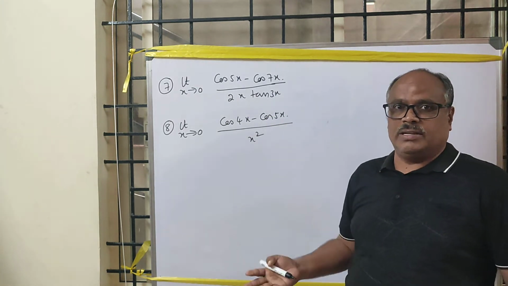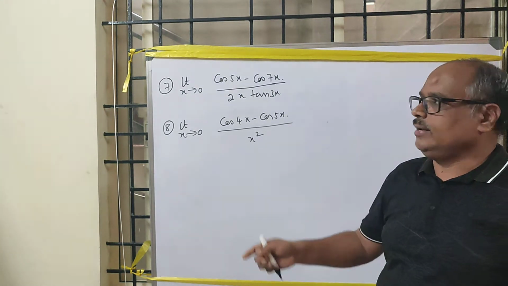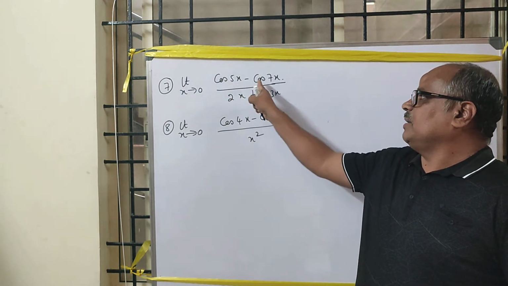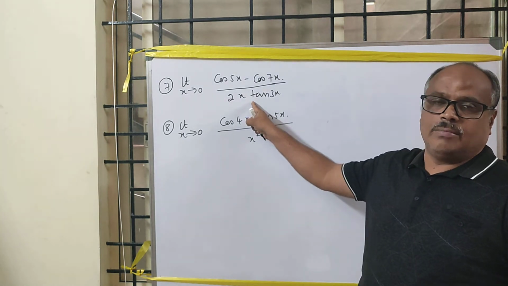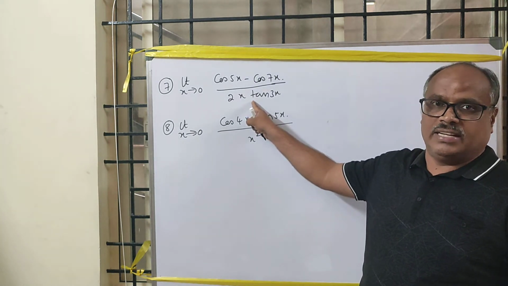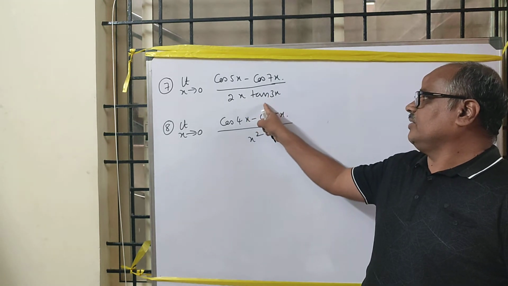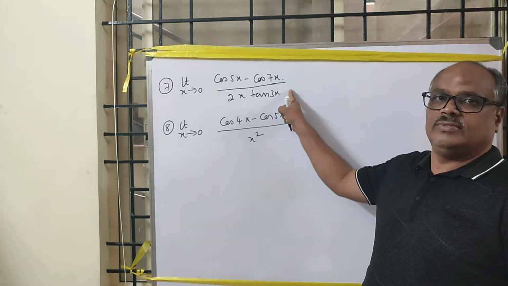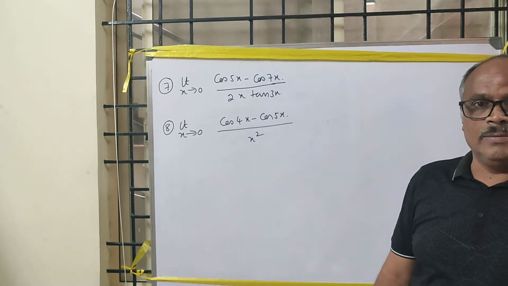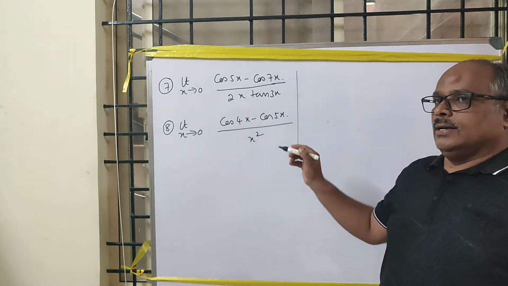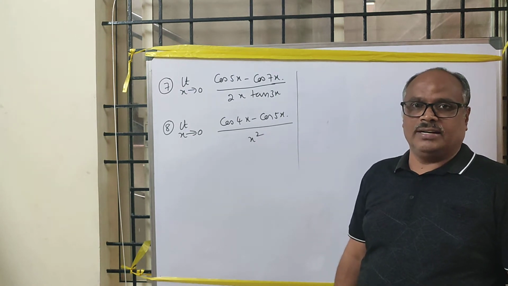In the traditional method, how we solve, you know well, using cos C minus cos D, and we know that tan theta by theta is equal to 1, if limit x tends to 0, tan 3x divided by 3x into 3x, we do like that. That is a very lengthy method. So we apply the shortcut.